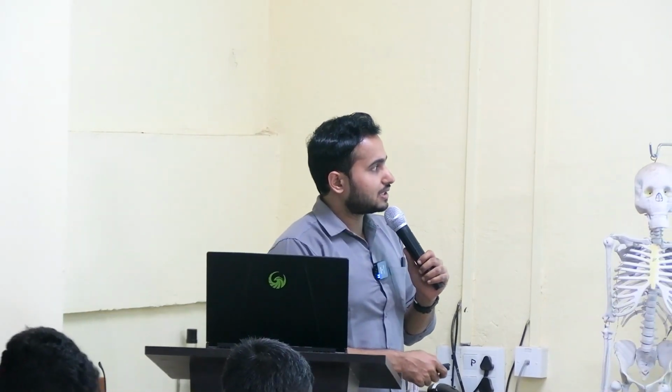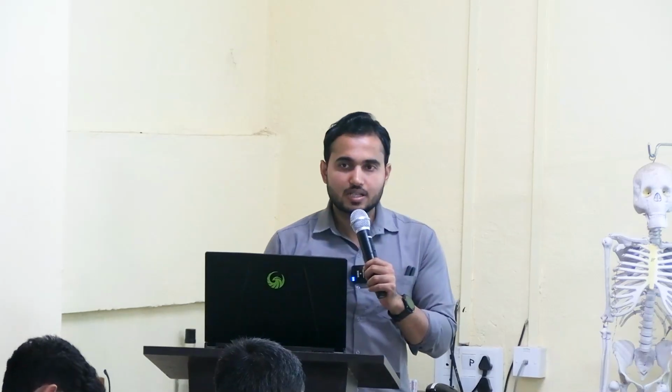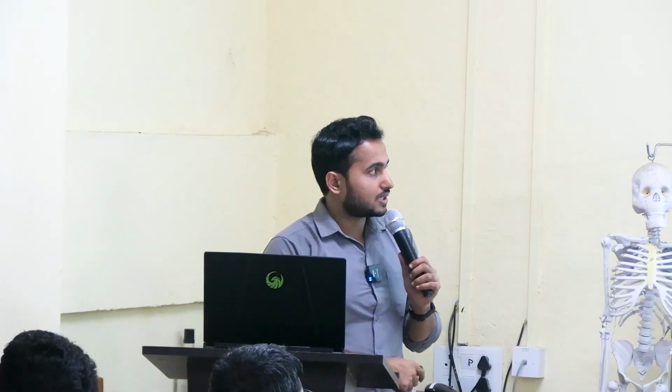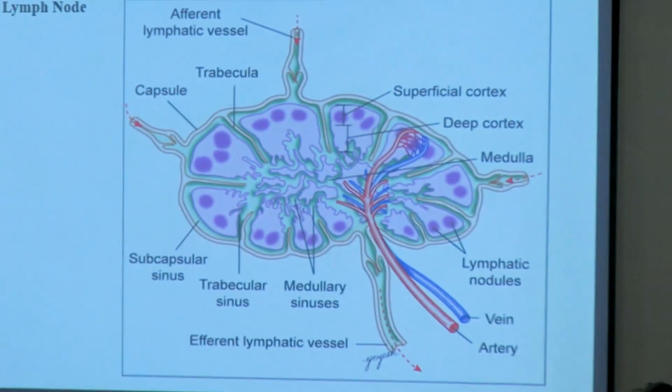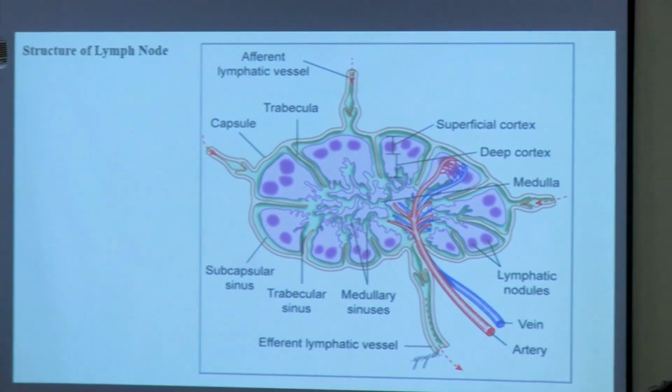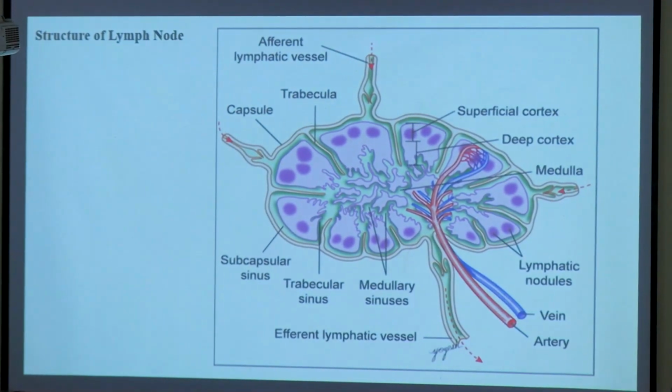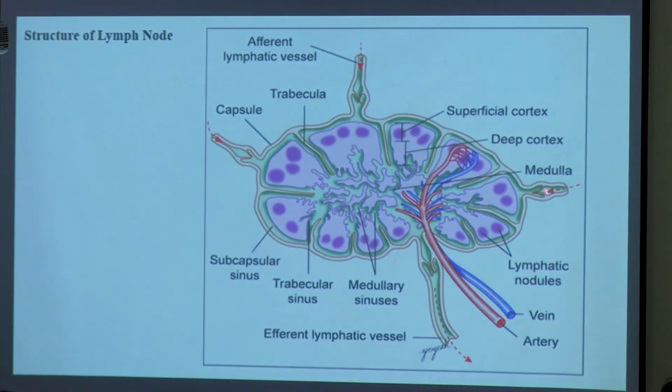Now, through this area, the blood vessels also enter the lymph node. Here is the diagram. Can you see the kidney shaped area? ये देखो. So, this is the convex area and this is the concave area. In the concave area, you get the hilum. ठीक है? Now, just see how the lymph is entering inside the lymph node through afferent lymphatic vessels.